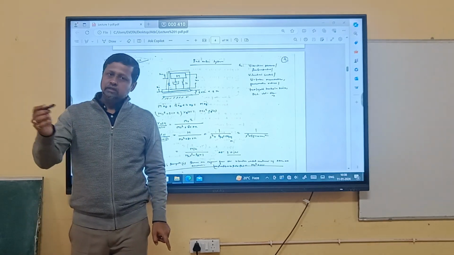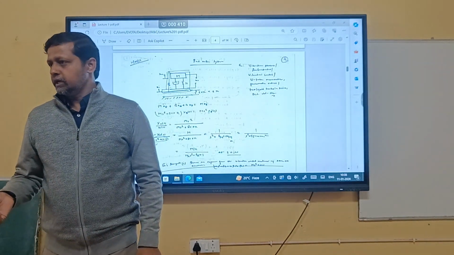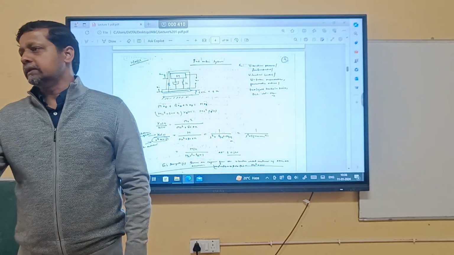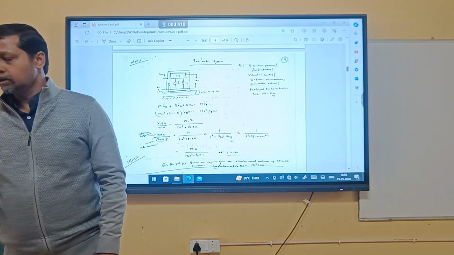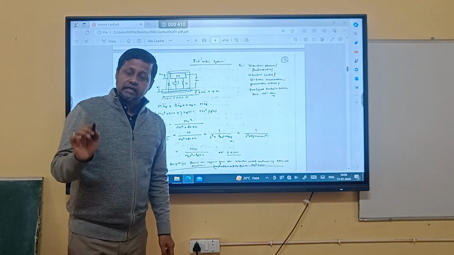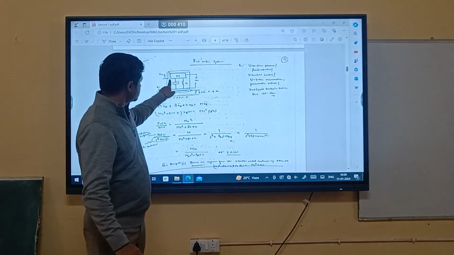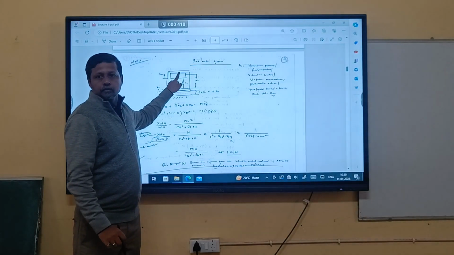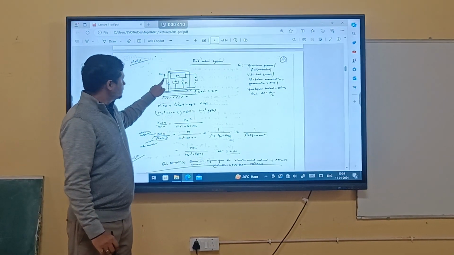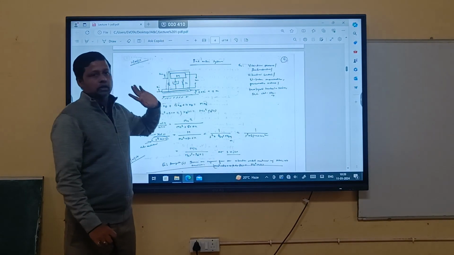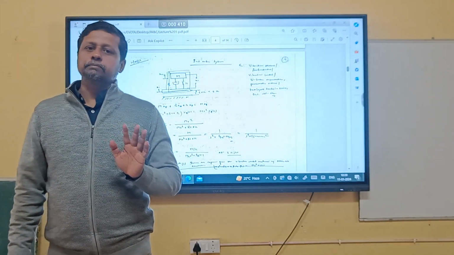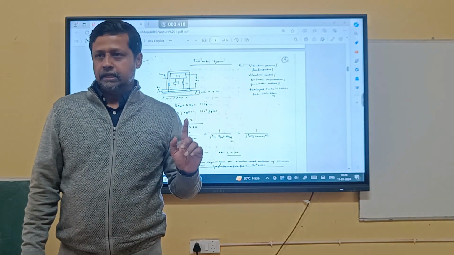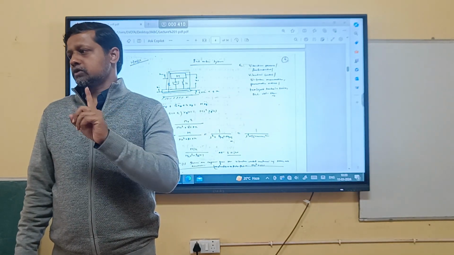So if x is the input, x is the displacement, then you will get the response k times x, without change of order. Now if you provide the same input to this friction, this damping mechanism, then this will give you a first order response. X is the input, so now you will get dx by dt. So it is primarily a first order system.